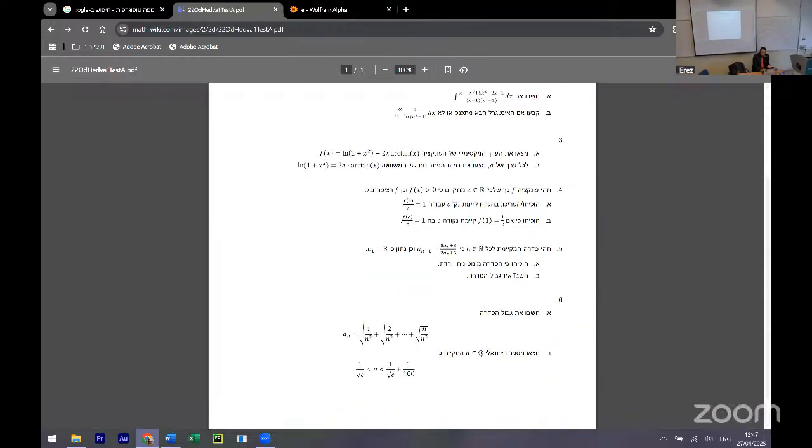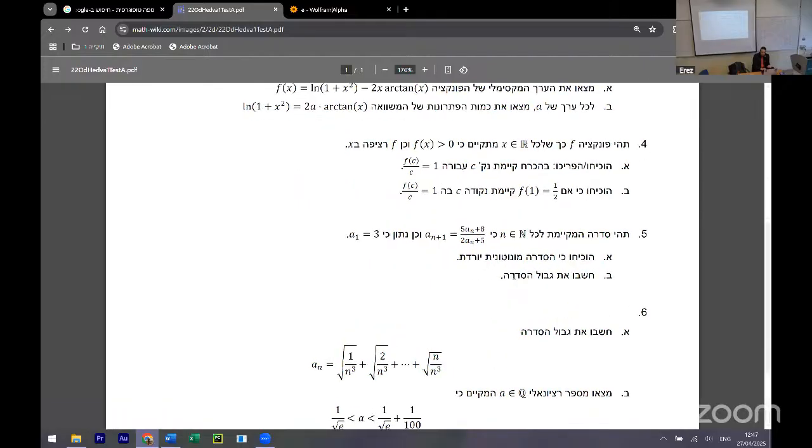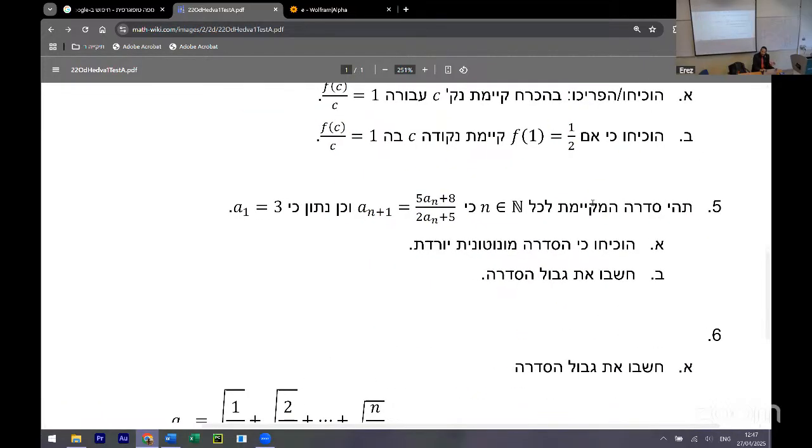Each of them, question number 5, look: let there be a sequence such that for every n, a_(n+1) equals that. And also I tell you that the first number is 3. First, prove that the sequence is monotonic decreasing. Second, find the limit of this sequence.